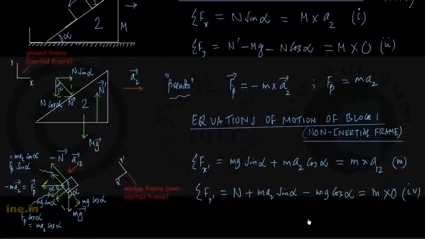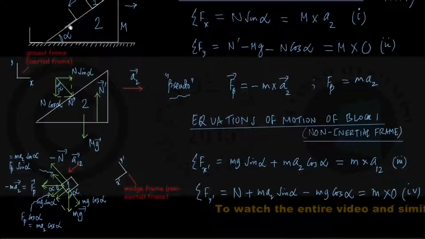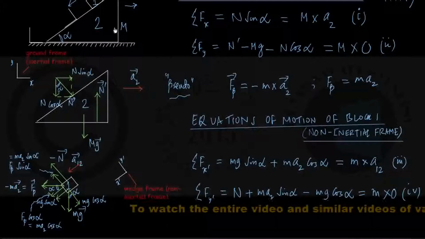These are the 4 equations of motion of the wedge 2 and the block 1, but keep always in mind in this lecture today, we are writing the equations of motion of wedge in the ground frame, while writing down the equations of motion of the block in the wedge frame. That's a frame attached to the wedge itself, and the wedge being itself in accelerated motion to the right.